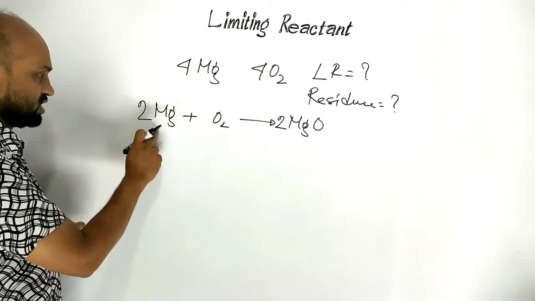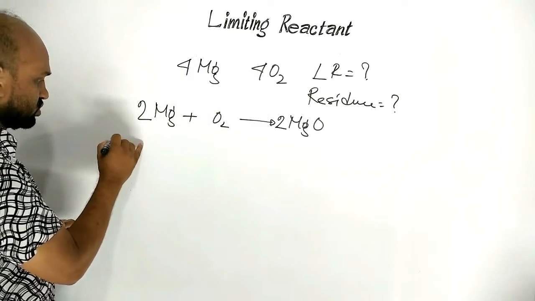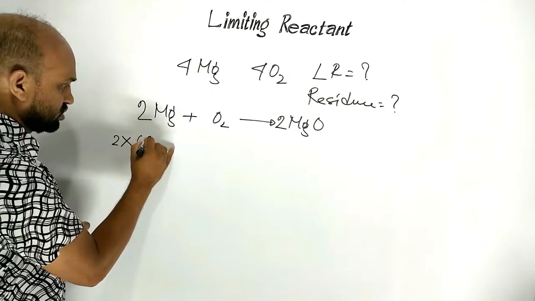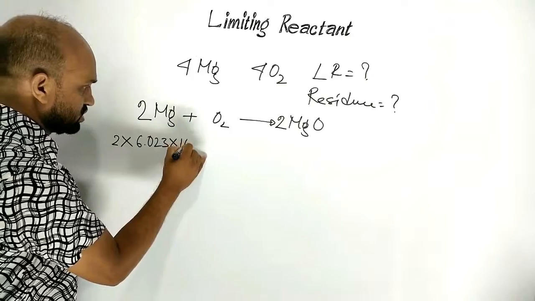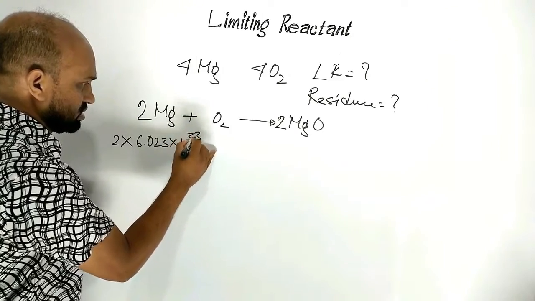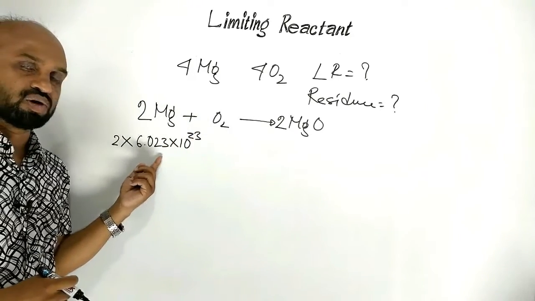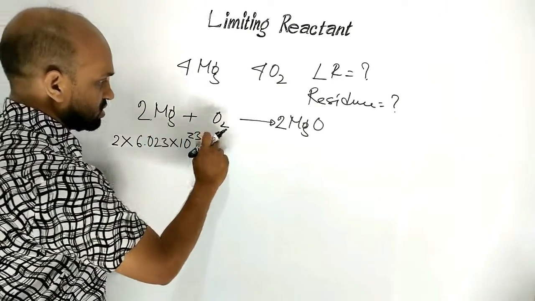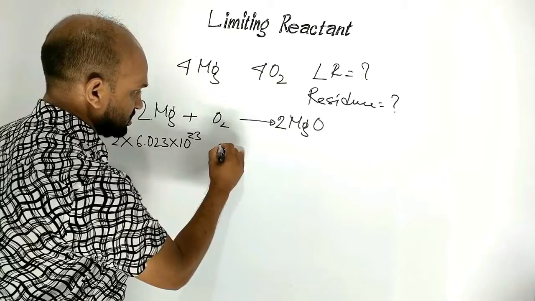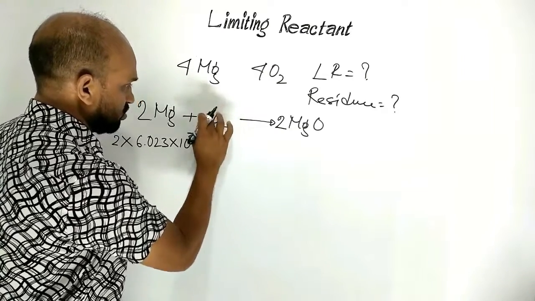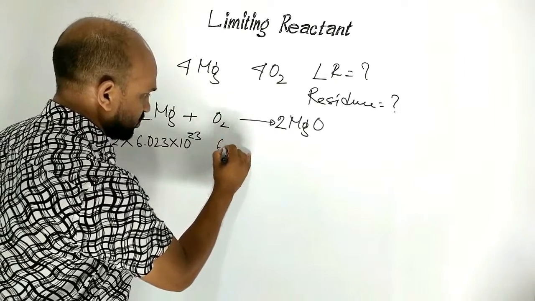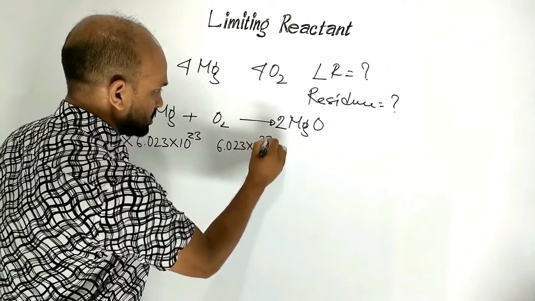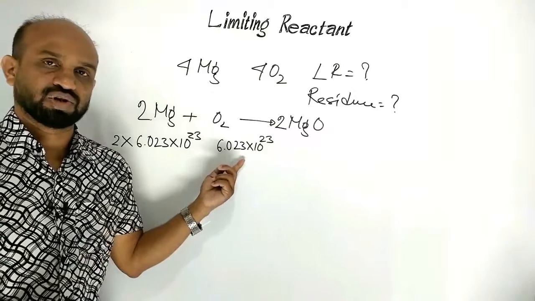Here, how many atoms of magnesium? 2 into Avogadro's number, 6.023 into 10 to the power 23. This is the number of atoms of magnesium here, and the number of molecules of oxygen is 1 mole of oxygen, that means 6.023 into 10 to the power 23 molecules of oxygen.